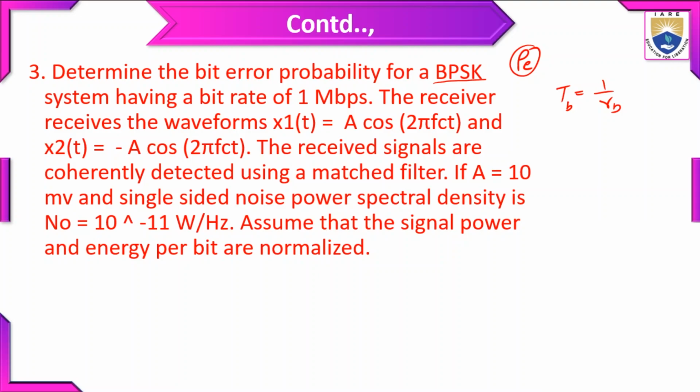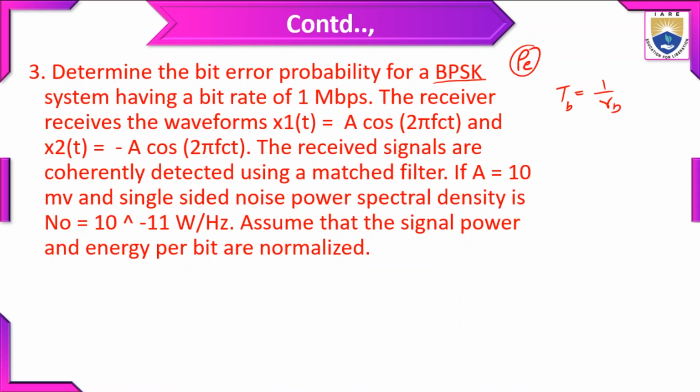Another one is that the receiver receives the waveforms x1 of t is equal to A cos 2 pi fct and x2 of t is equal to minus A cos 2 pi fct. Here they are showing a 180 degrees phase difference between the first waveform and the second waveform. Why?